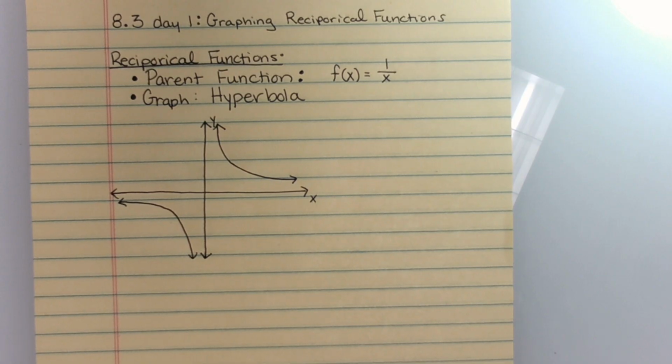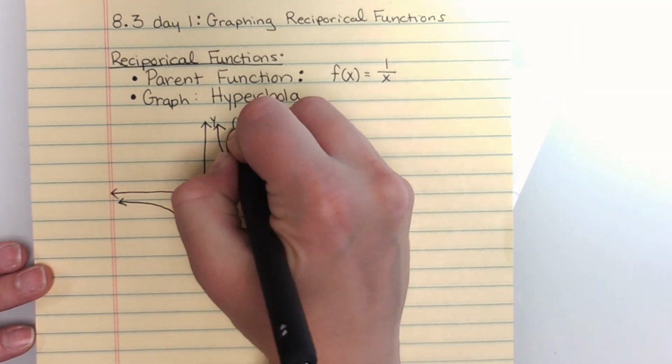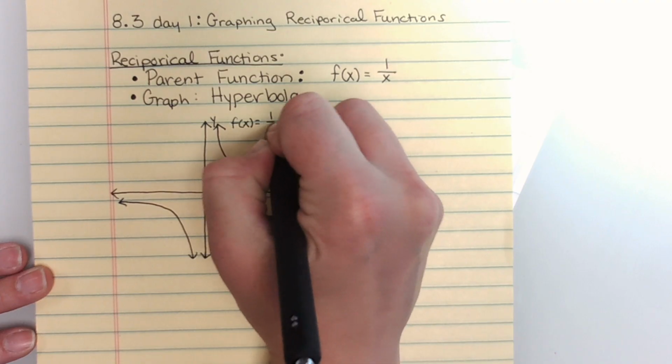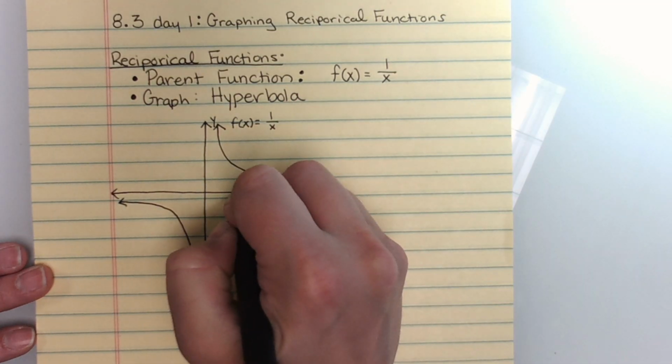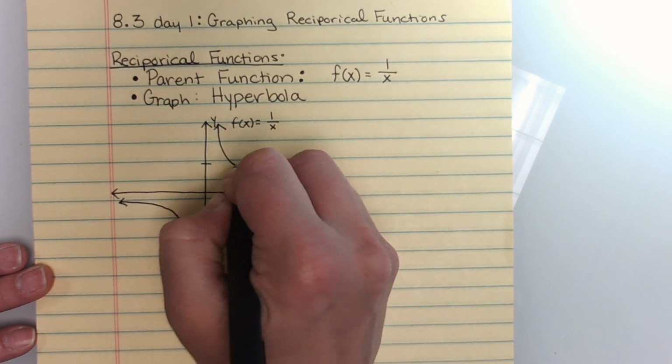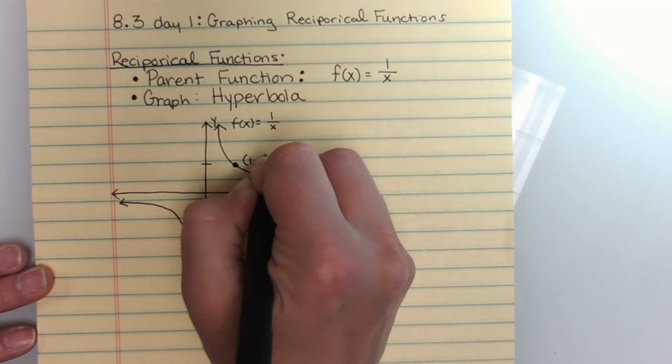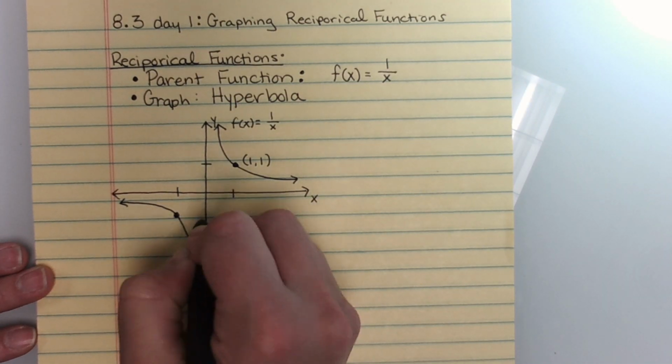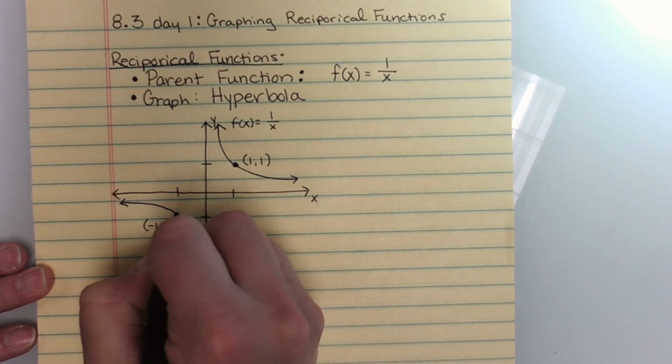It looks almost like two parabolas, kind of opposite or diagonal from one another. That is our f of x equals 1 over x function, assuming, of course, that it hits the coordinate points 1, 1, and negative 1, negative 1.